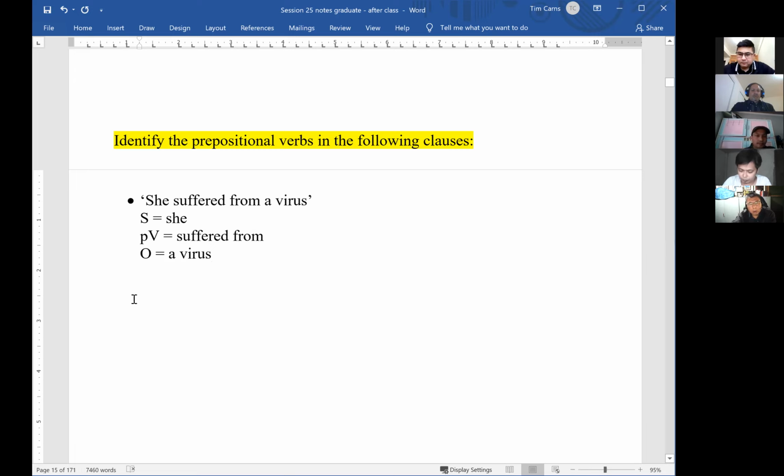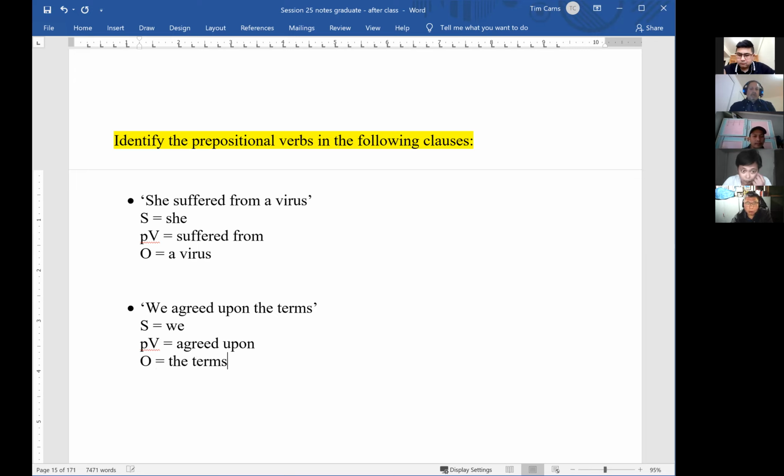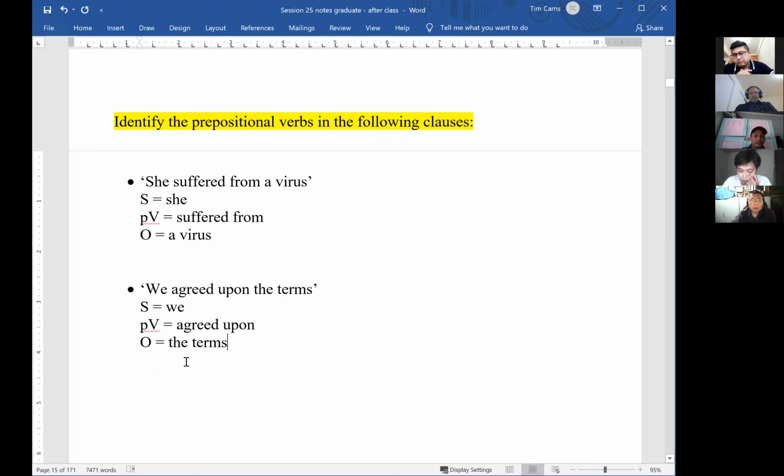All right. Jason, why don't you take on one more here? We agreed upon the terms. Subject is we. And then the prepositional verb is agreed upon. And then the object is terms. Okay. And I'm including the article just for the sake of it. So again, notice agreed upon is the English way to present the verbal idea.